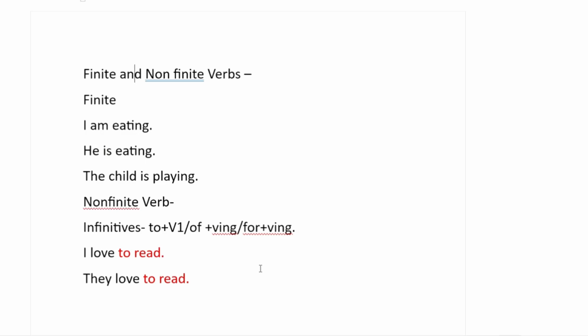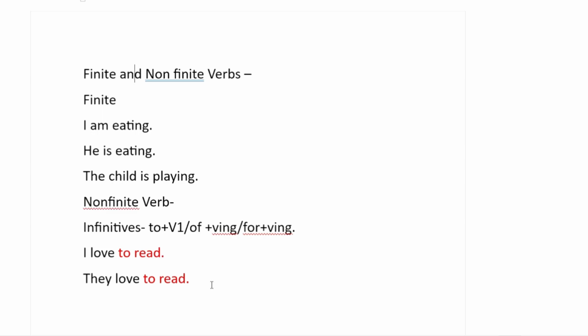It is a combination of to plus V1. V1 means verb in the first form, or of plus verb and ing, or for verb and ing. Like for example, I love to read. I is singular, but when I change it to plural, then also to read does not change.